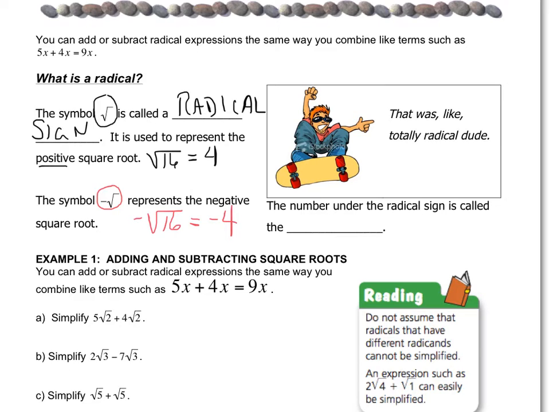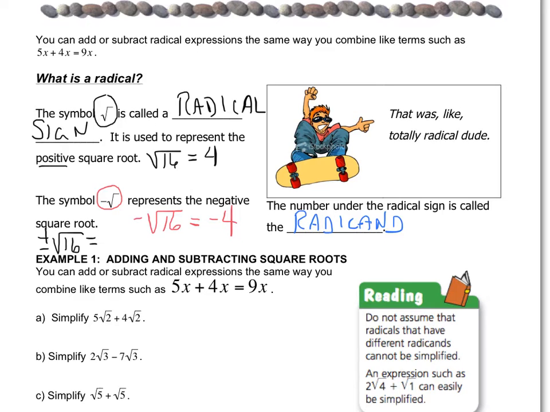Speaking of the number underneath, the number under the radical sign is called the radicand. You'll hear this term throughout the rest of this year. The other symbol we sometimes see is plus or minus the square root of 16.